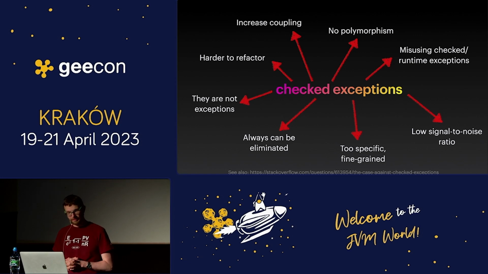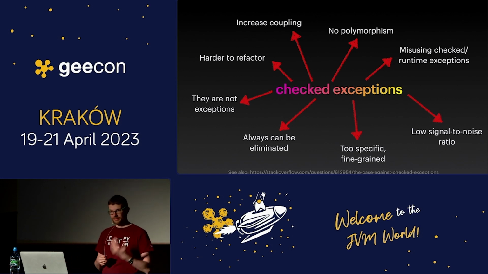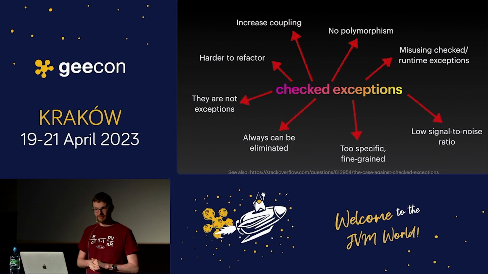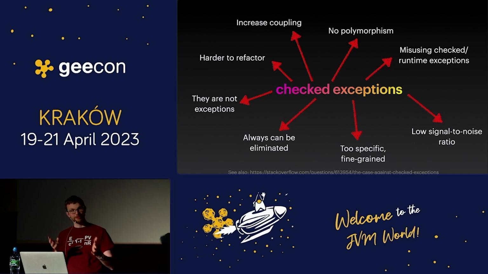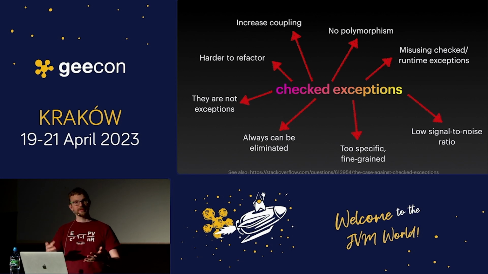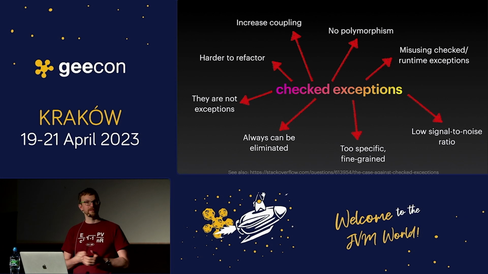If you try to understand why checked exceptions failed, there's a very interesting thread on Stack Overflow which gives you a lot of different answers. I have no idea which one of them is correct, or if there's a single correct answer. Maybe it's a combination. But I think it's interesting to see why this effect system is considered a failed one.